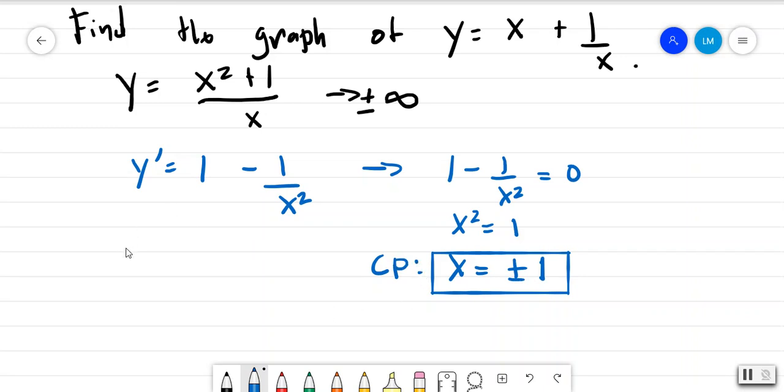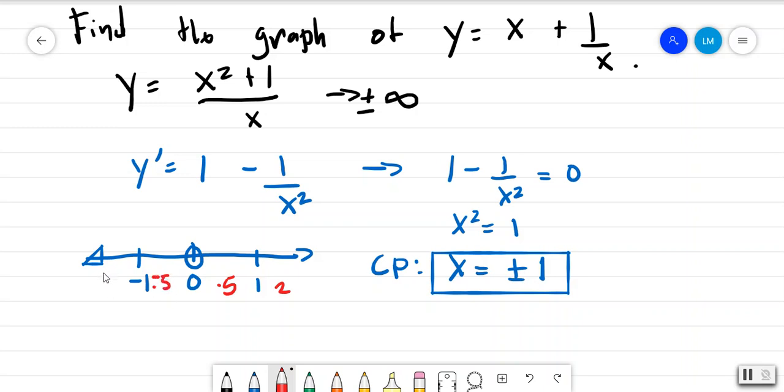Now I can actually classify them as I look at where it's undefined at 0, because 0 can't be included. So you have 1 and then you have -1. If you plug in values such as 2, a half, -1/2, and -2: if I plug in 2, that's going to be positive.